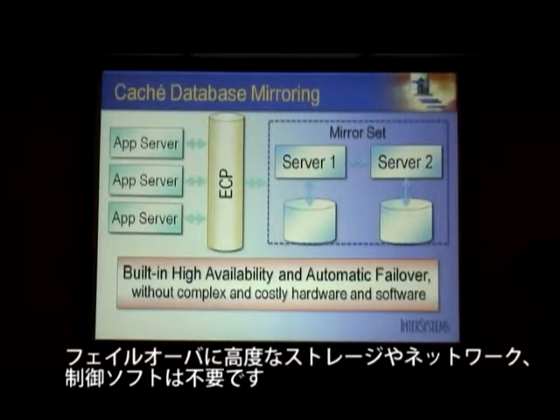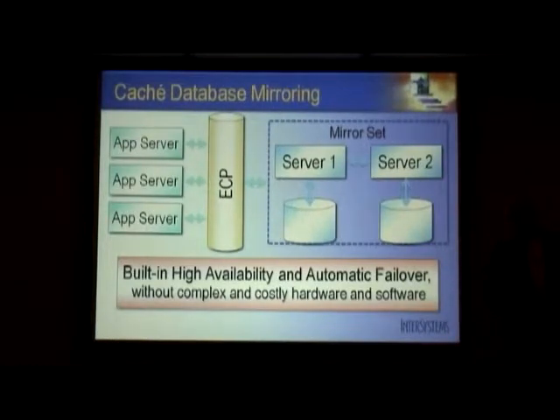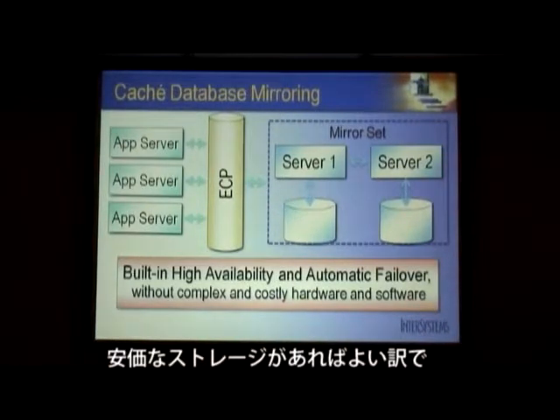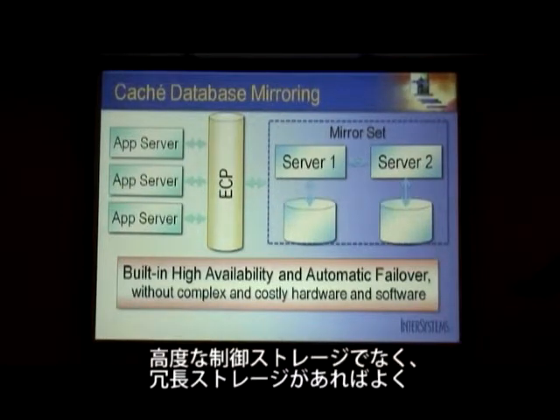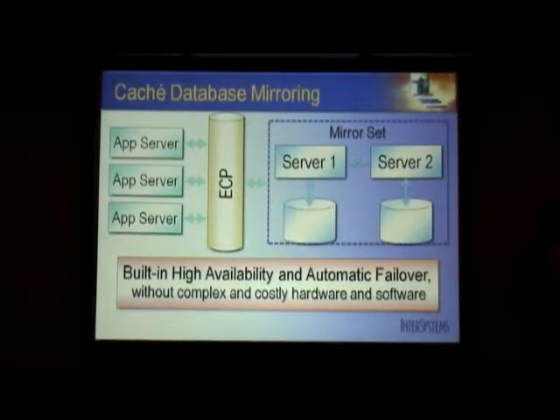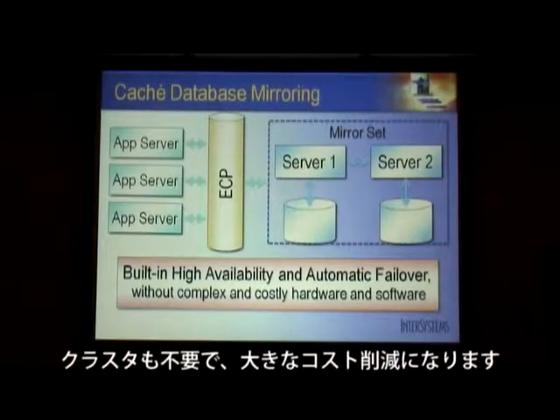You don't need to have a sophisticated storage area network and complex control software to manage the failover. So you can have cheaper storage because you're using redundant storage rather than sophisticated controlled storage. And you eliminate the need for cluster software to manage your environment. Both of those offer significant cost savings.